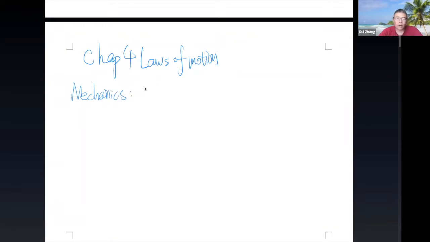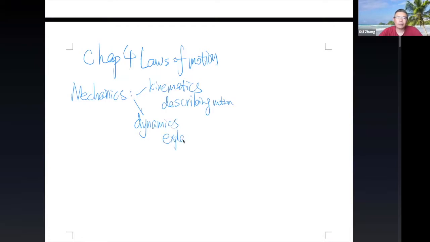Okay, so remember in mechanics, we care about motion. There are two kinds of questions we can ask. One is kinematics, that's describing motion. And then dynamics, and that's explaining motion.